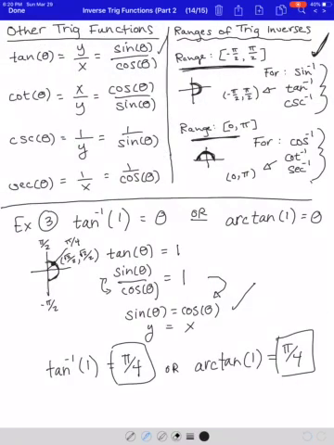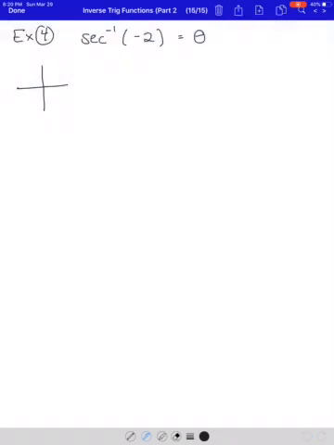The range of secant inverse, that's this guy down here, is 0 to pi. So that means we're looking at the top half of our unit circle. And secant of what angle is going to be equal to -2? Notice these equations here say the same exact thing. One uses the inverse and one uses the regular function, but it displays the same information.